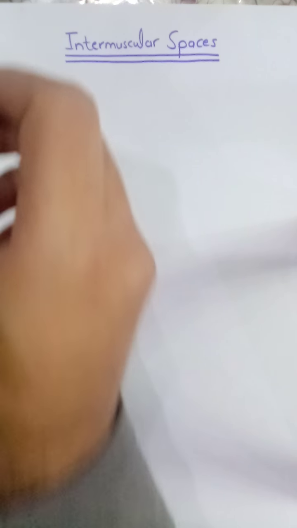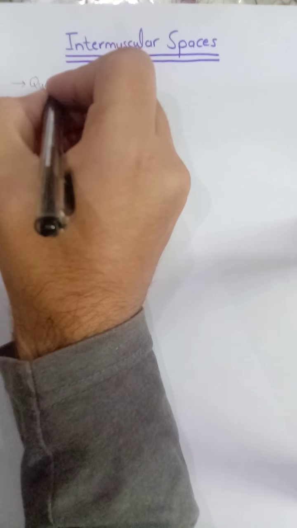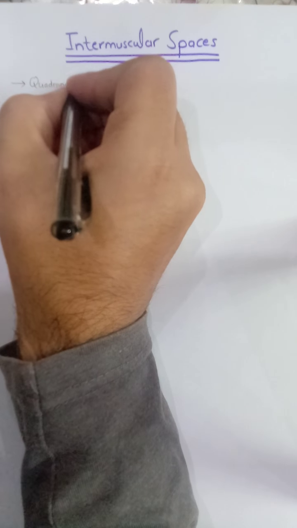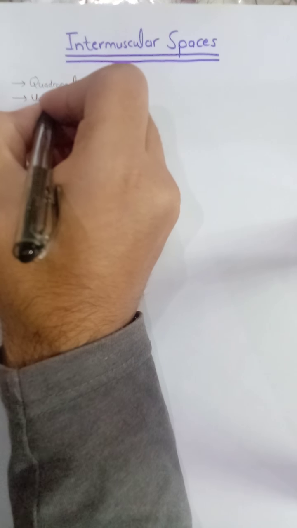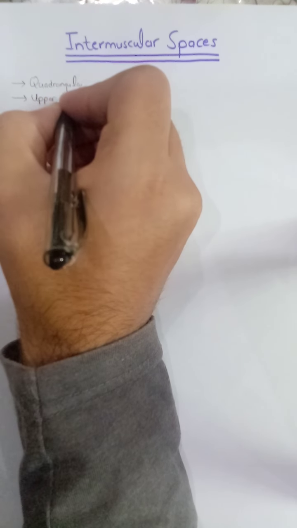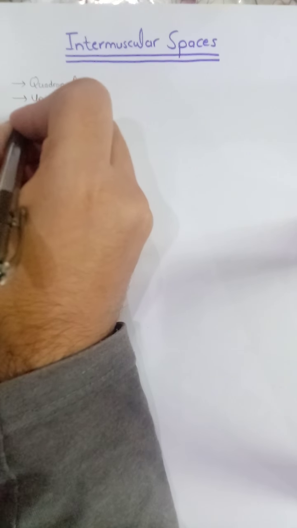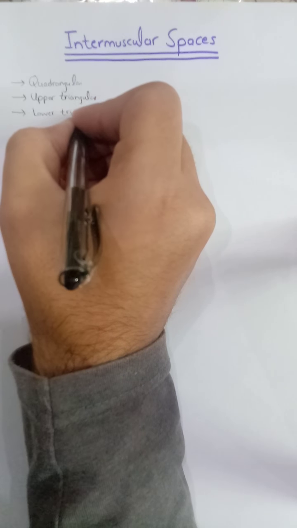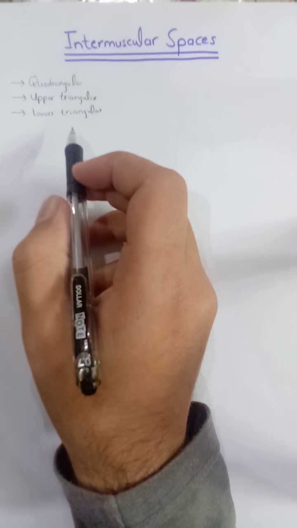First of all we must know that there are three intermuscular spaces in the upper limb: the quadrangular space, the upper triangular space, and the lower triangular space. So now we will see these spaces in the form of a diagram.